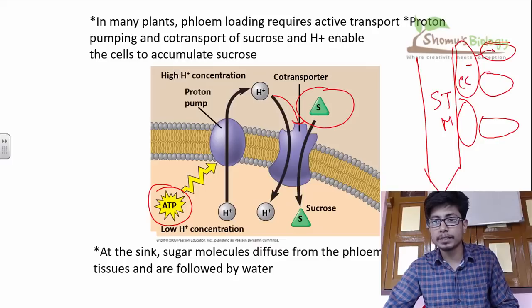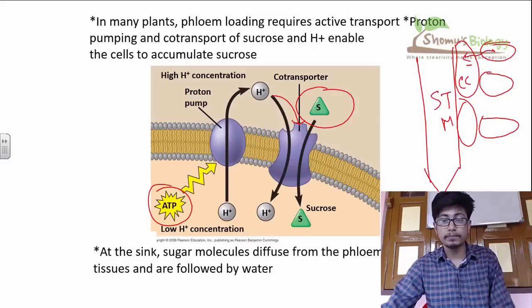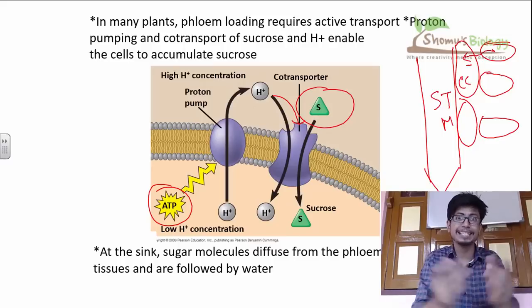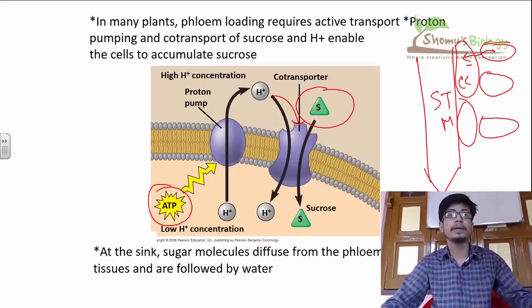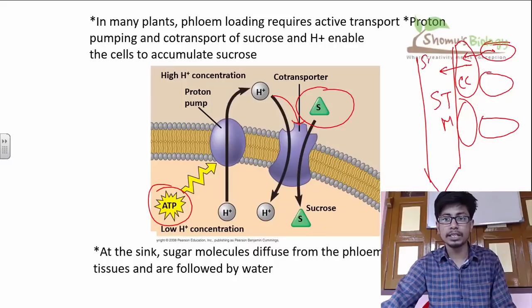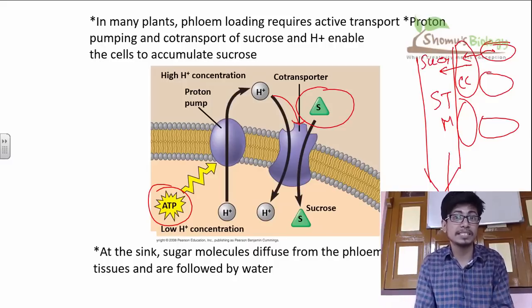So from the parenchyma, sugars are inserted into the companion cells. Companion cells use this process of proton gradient preparation, and then a co-transport machinery, using the proton gradient to take sucrose out to the STM. Once the sucrose is in the STM, it can easily flow through the STM to the rest of the cells in the plant body.